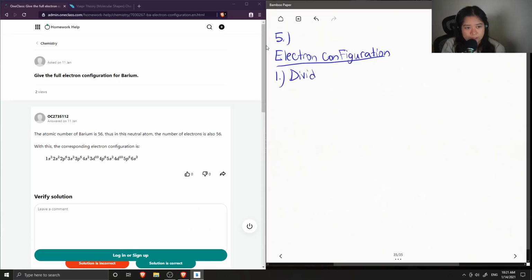The first step is to divide your periodic table into different sections.